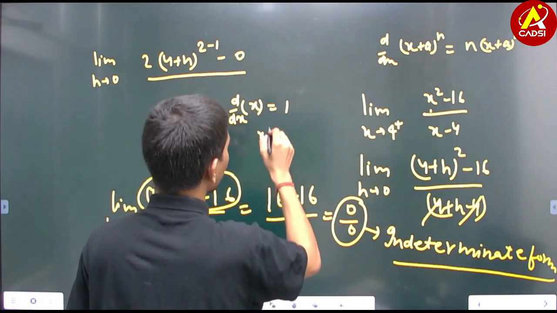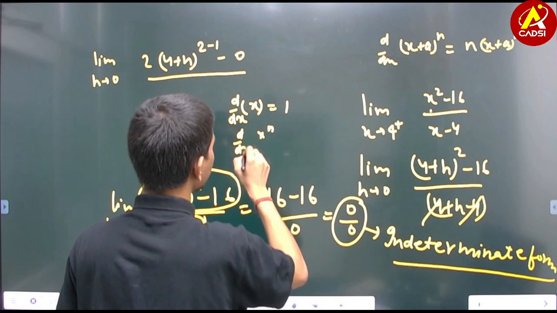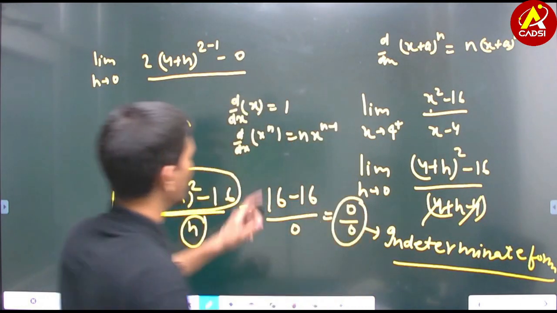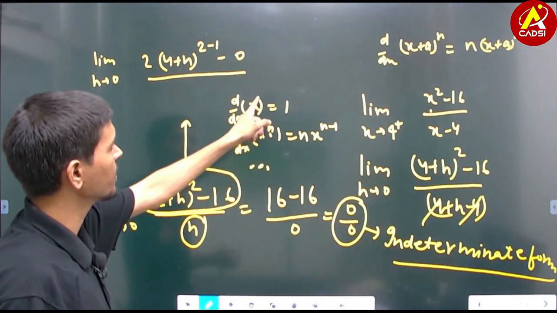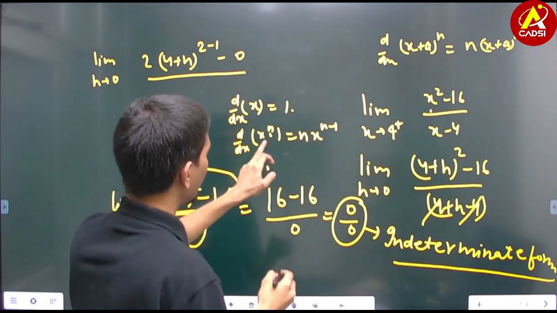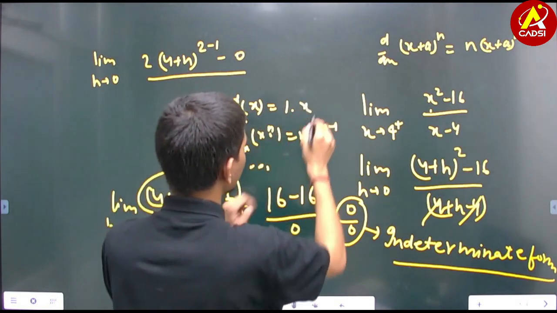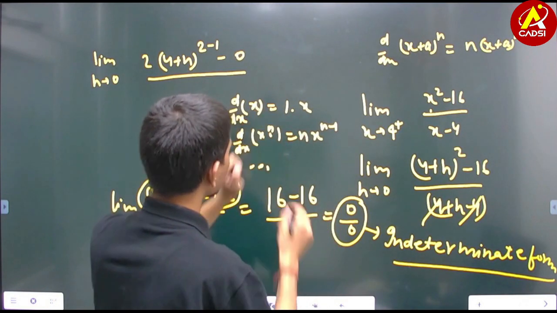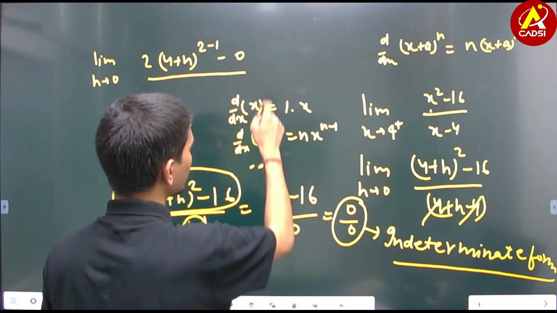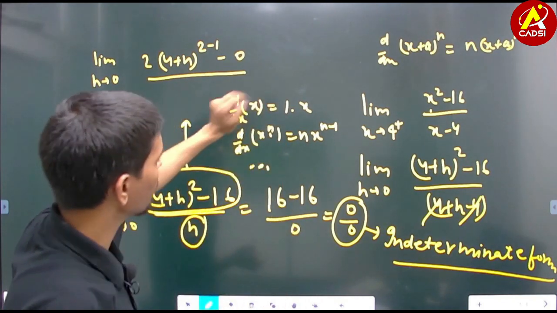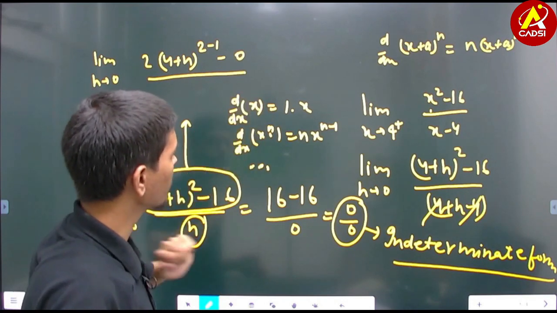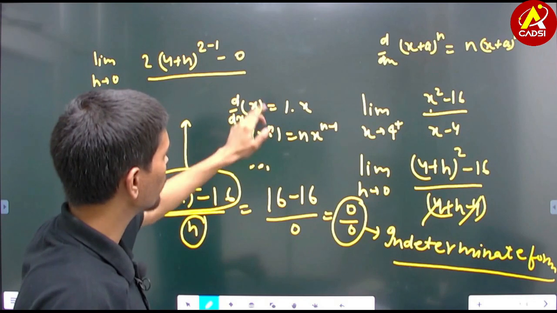The derivative of x to the power n with respect to x equals n x to the power n minus 1. Here n is 1, so 1 into x to the power 1 minus 1, because we are comparing n with 1.